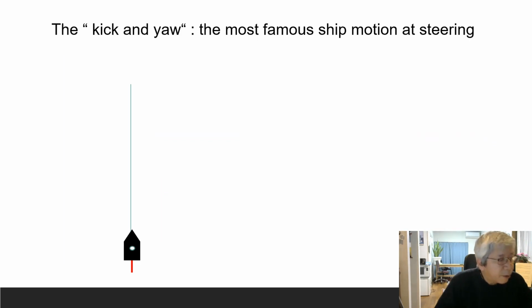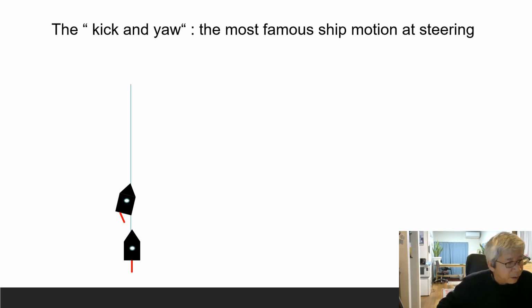Next, I would like to explain what kick and yaw are. This is very famous for everybody. You can imagine that when we start the helm, the rudder, then the ship movement is like this. Because the rudder makes higher resistance, it brakes the vessel and the ship speed is reduced.